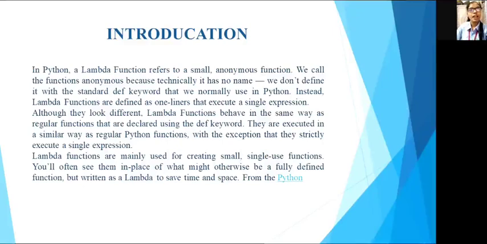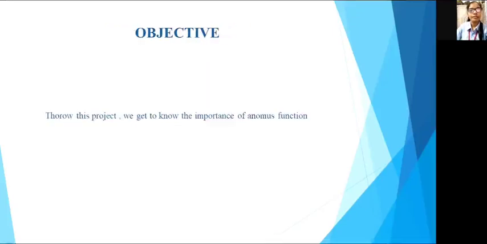Lambda functions are mainly used for creating small single-use functions. You will often see them in place of what might otherwise be a fully defined function, but written as a lambda to save time and space for the Python.